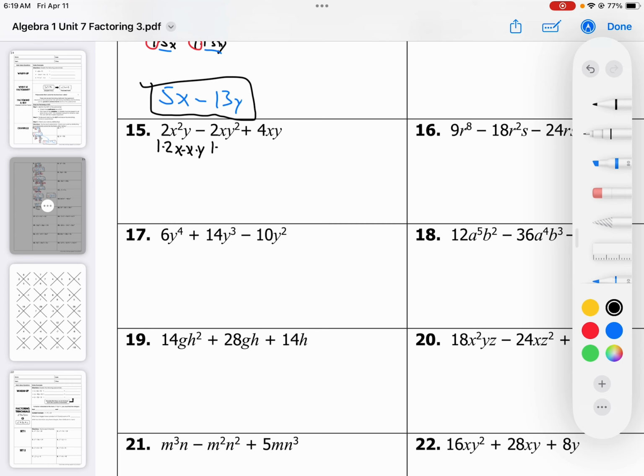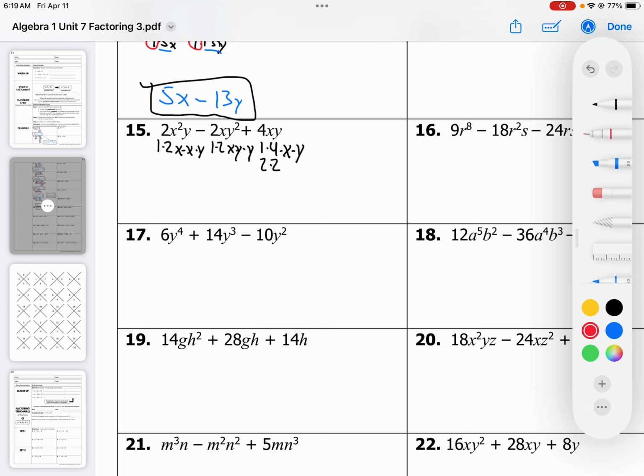This 2 would also be 1 times 2, and then we have x and y times y. And then for the 4xy, we'd have 4 times x times y. Oops, sorry. The 4 has more options than that. So 4 would be 1 times 4, but it would also be 2 times 2.